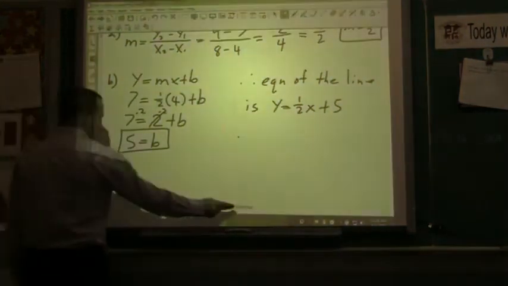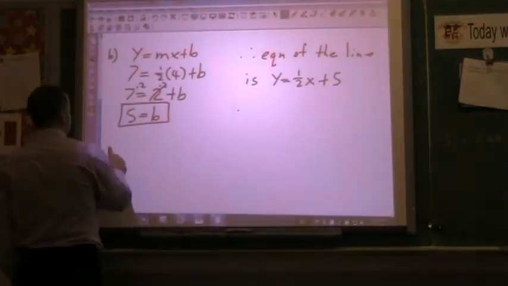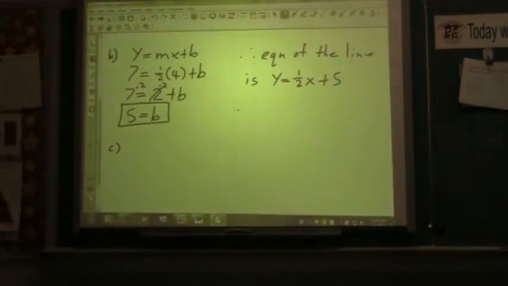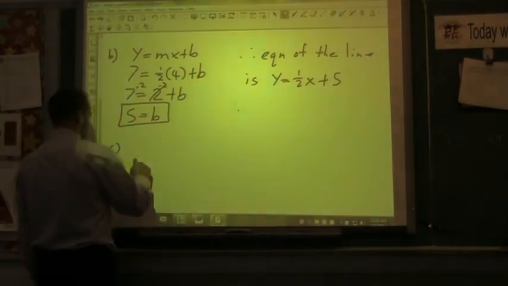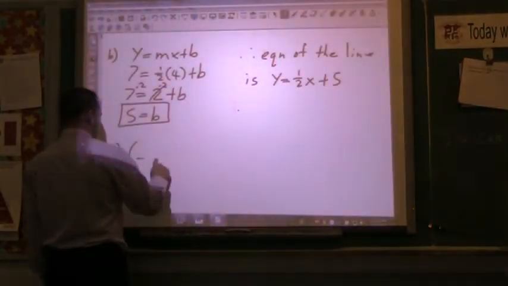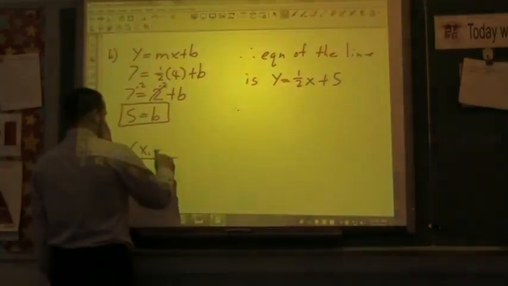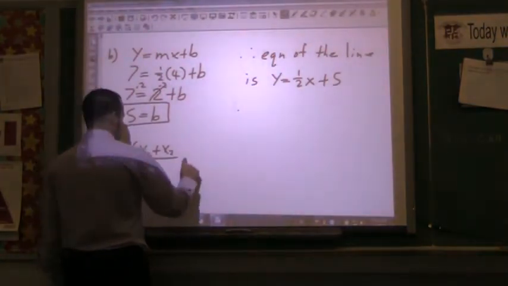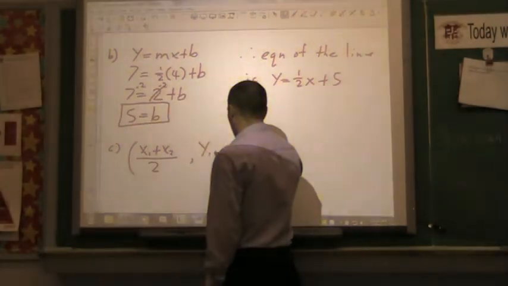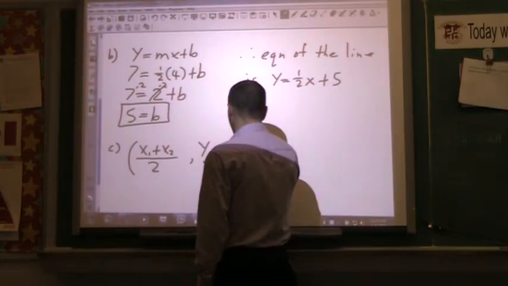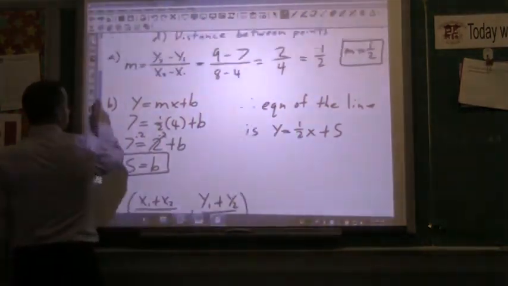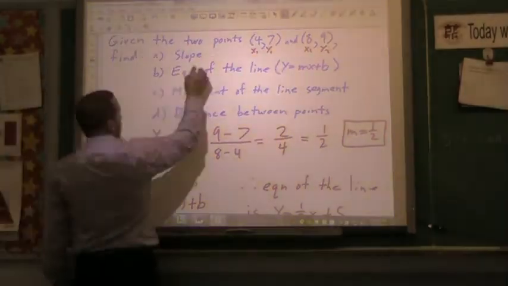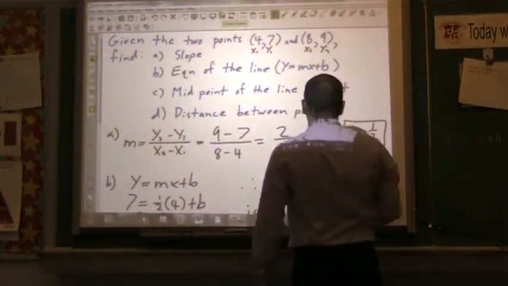Next part, part C, asks for the midpoint. Okay, so once again, you have a formula for that. The midpoint formula is (x1 plus x2) divided by 2, (y1 plus y2) divided by 2. Let's just go up and steal those 2 points up here.